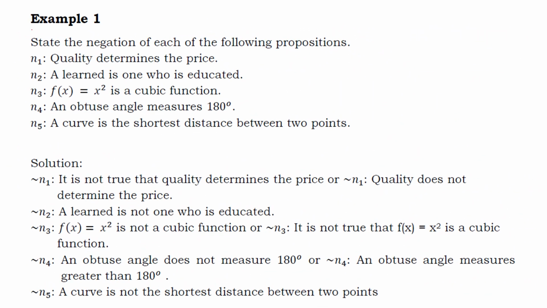So for example number 1, we're asked to state the negation of each of the following propositions. We're asked to convert the original proposition to its negation. For the proposition N sub 1, quality determines the price. What will be the negation of this one?